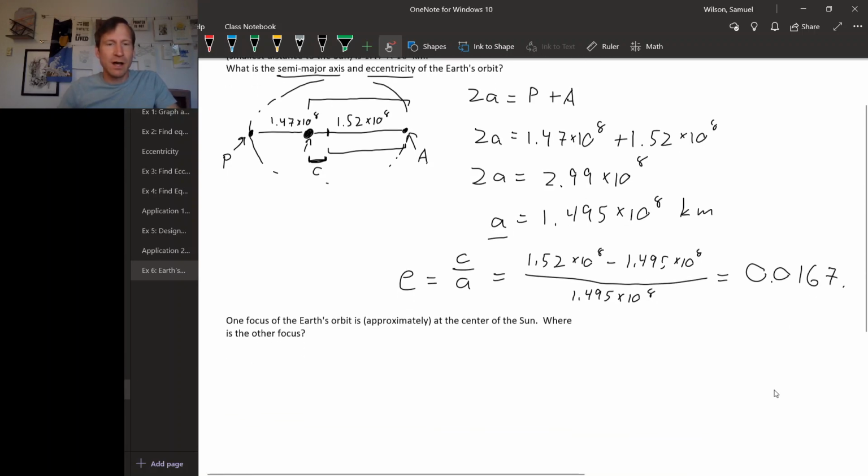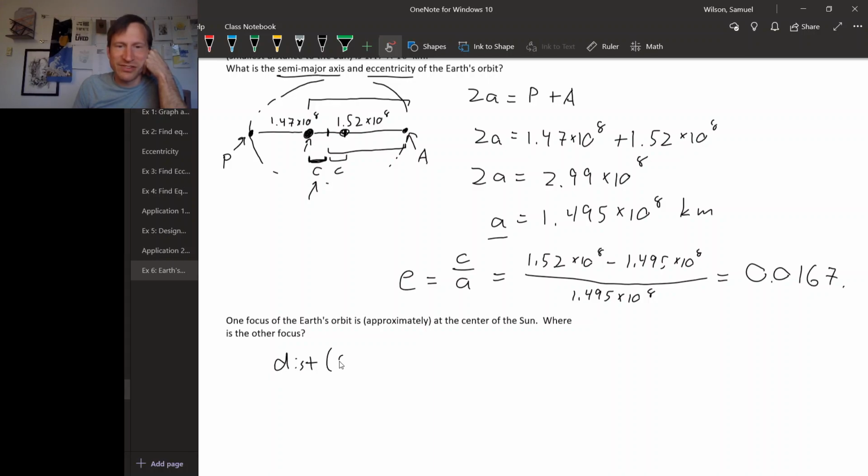All right. Let's also figure out where is the other focus. Remember, the other focus of the orbit of the Earth is just hanging out in space somewhere. Let's figure out how far it is from the sun. Well, we found the focal distance c, so the other focus right here is just 2 copies of c away from the sun. So the distance from the sun to the other focus is just 2 times c.